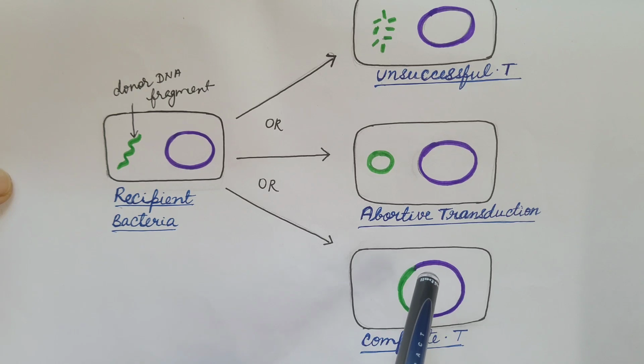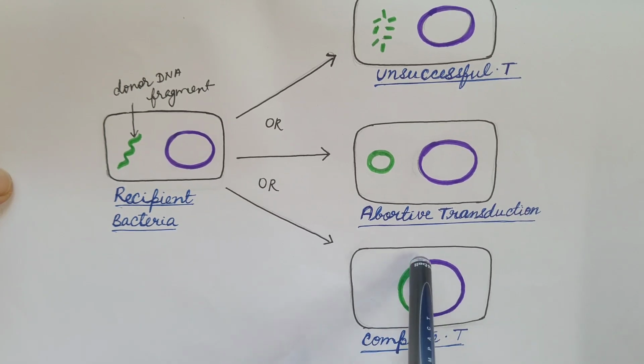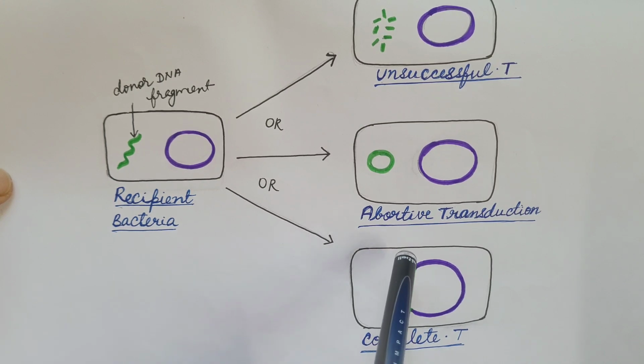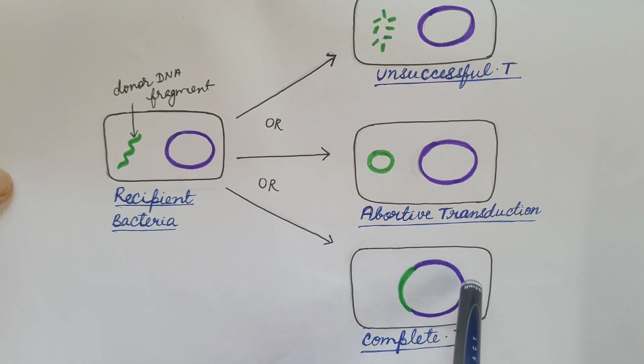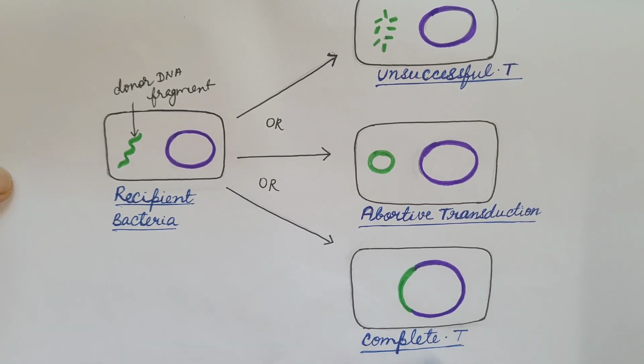All the genes are also inherited. It is inherited because it replicates along with this recipient bacterial genome, and the genes present in this donor DNA fragment, or in other words donor genes, are expressed. This is known as complete transduction or successful transduction.